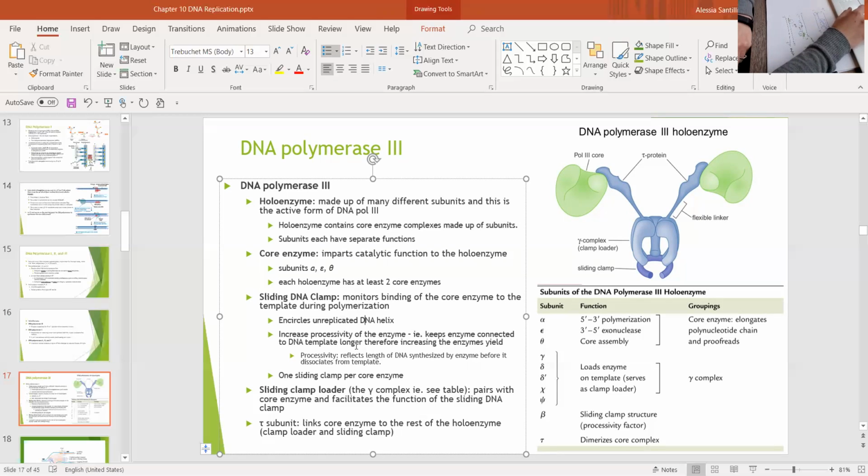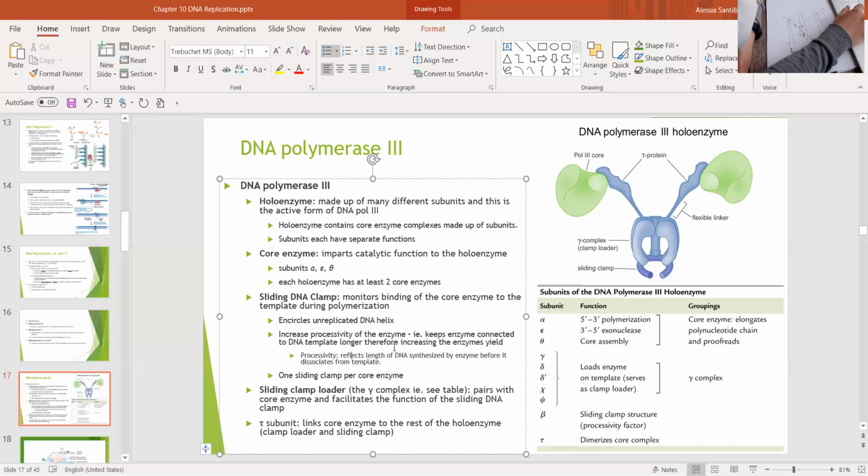Processivity of an enzyme just means that the enzyme stays and actually undergoes its process for a long time. So it keeps the DNA polymerase 3 connected to the DNA template longer, therefore increasing the enzyme's yield. If there wasn't this thing right here, the enzyme would continuously lose its template, the DNA it's actually working on, and kind of fall off continuously. It would be a very inefficient process.